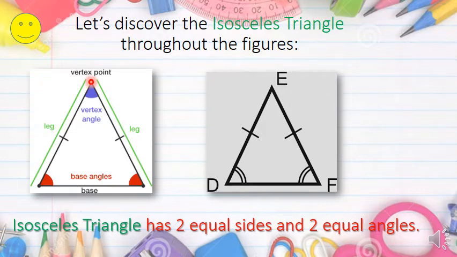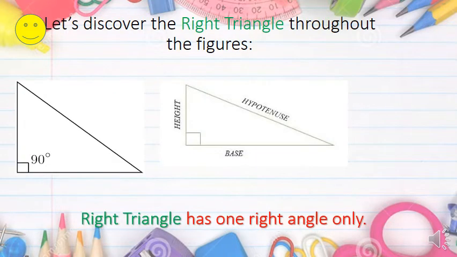So the isosceles triangle has two equal sides and two equal base angles.